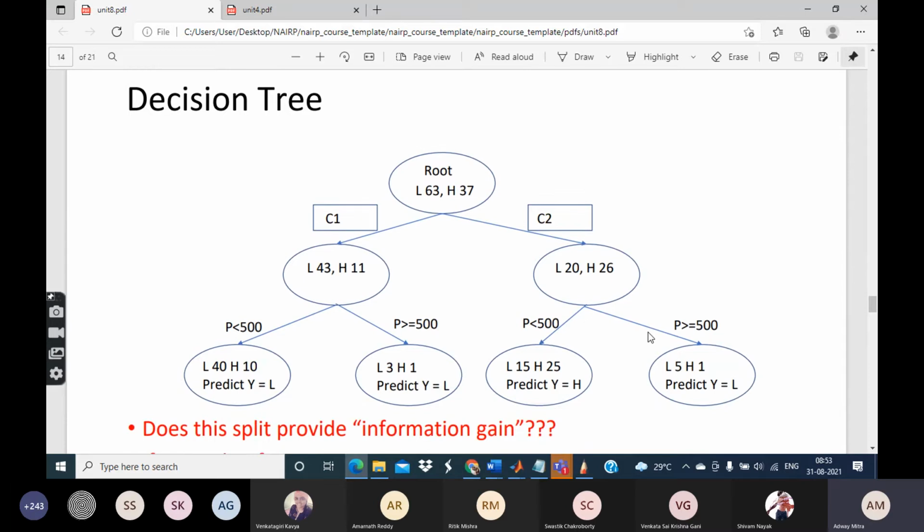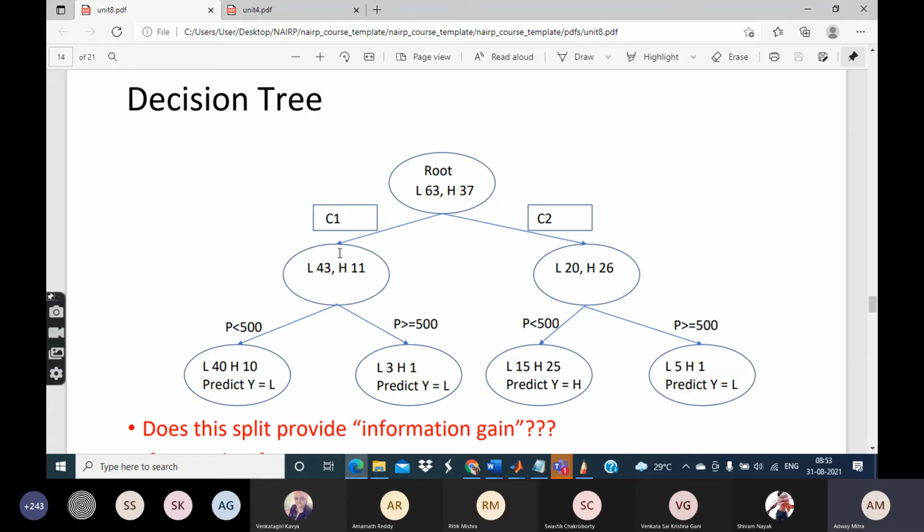Now, I may not stop at splitting the data set on the basis of one feature only. Even after I have split with respect to the company feature, I may continue to split further on the basis of other things. Let us say another feature that we considered, the price feature. It seems that company C1 always gets low ratings.